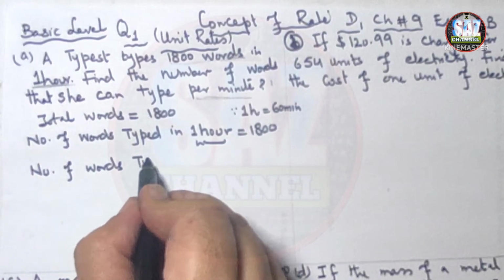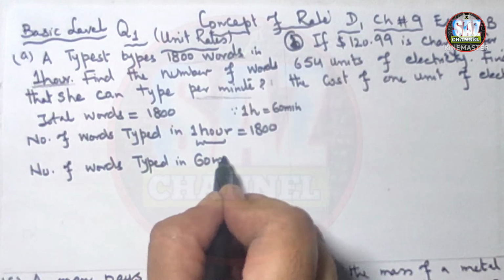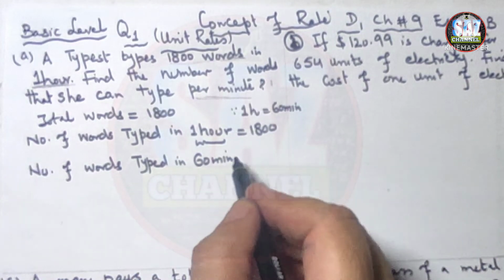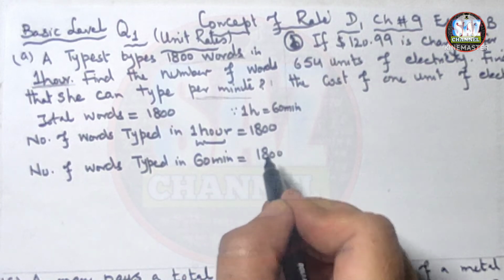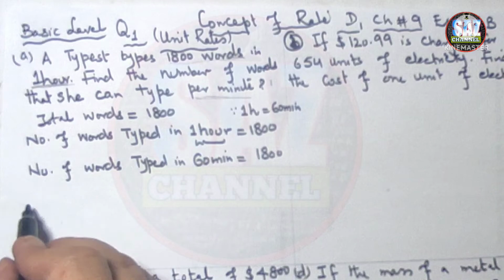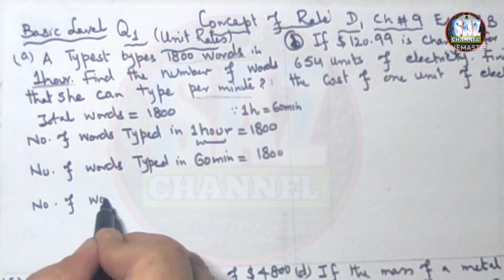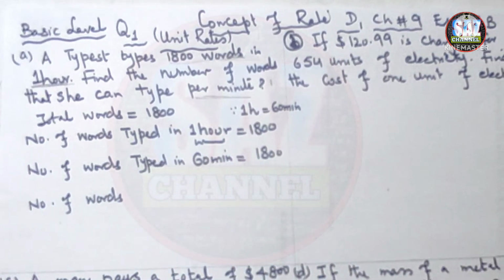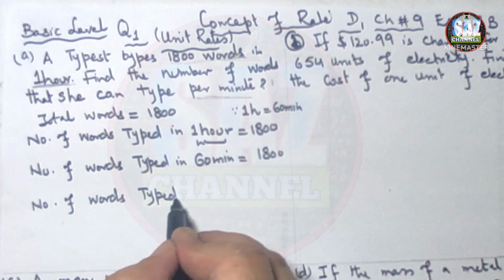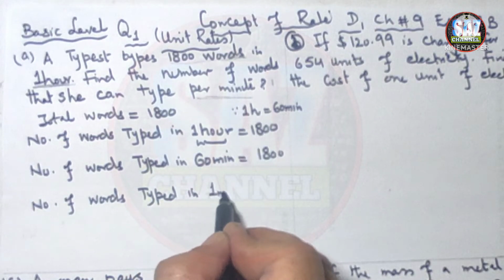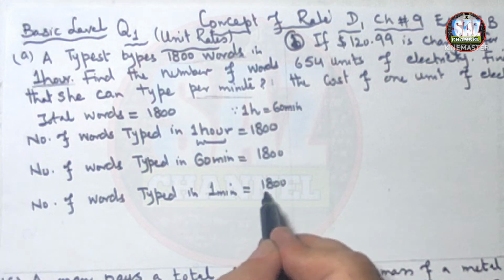Why 60 minutes? Because we need to find the rate per minute, and these two are actually equivalent statements, they are the same statement. And we have to find the number of words typed in how much time? 1 minute. Typed in 1 minute, that is 1800 divided by 60. I'll try to perform the calculation without a calculator, because this is also one of the problems for my students.